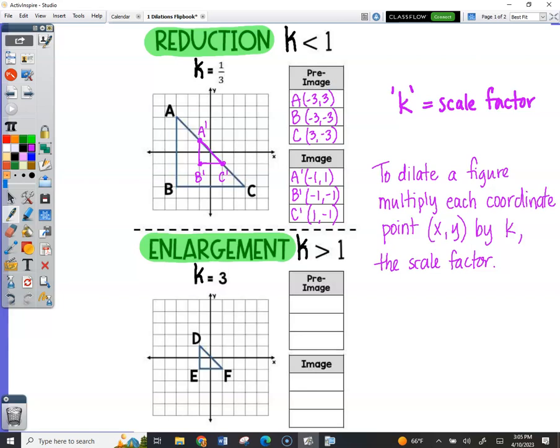All right, let's do now an example where we're enlarging it. Let's find the pre-image coordinates. We got D, E, F. Then we're going to find D prime, E prime, F prime. What are the coordinates of D? -1.